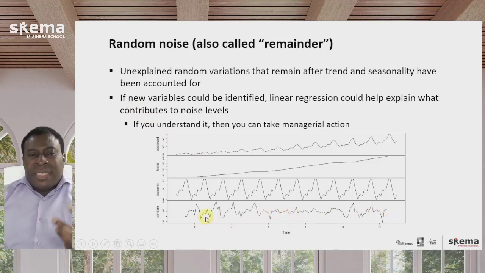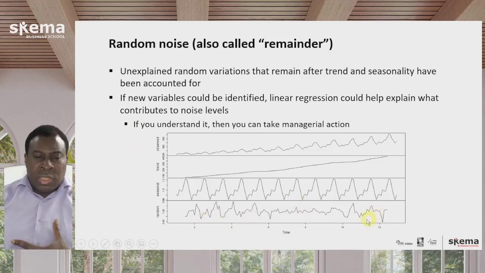But on the other hand, there are things going on in there. And if you can identify new variables, then linear regression or other techniques could help to explain what is contributing to those noise levels.